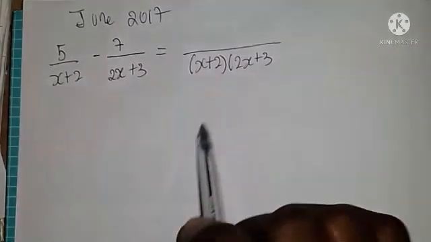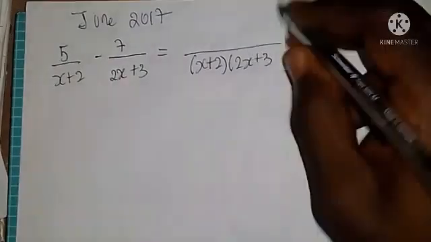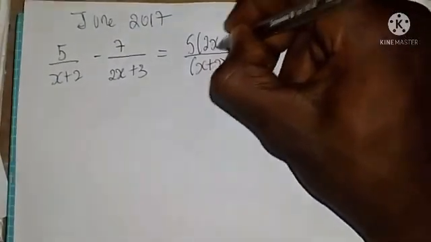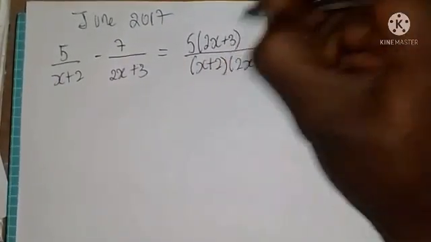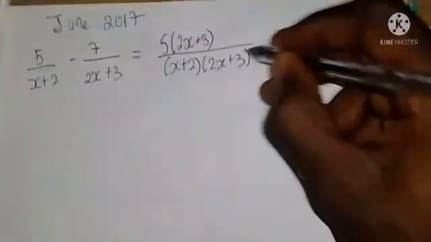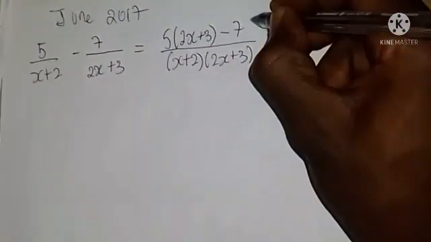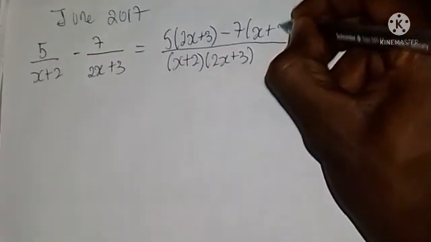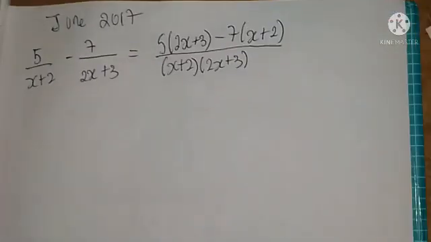So we divide this by this fraction here, we're going to be left with 2x plus 3, and then we'll multiply by the 5 into 2x plus 3 minus 7 into x plus 2.